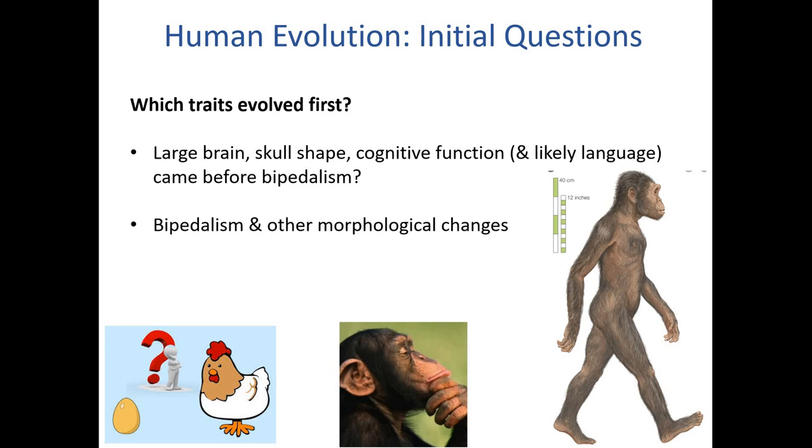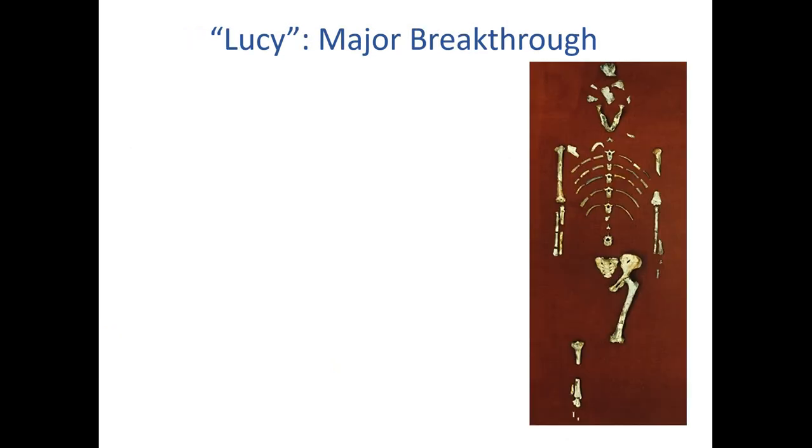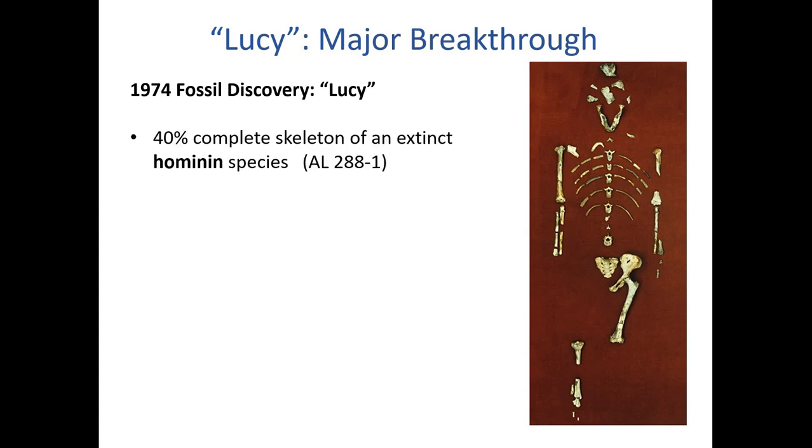So when we look at the fossil record, one of the first major breakthroughs came from this fossil called Lucy. So this was discovered in 1974, and it was about a 40% complete skeleton of an extinct hominin species. So we'll come back to this term hominin. And the fossil name here is AL288-1.